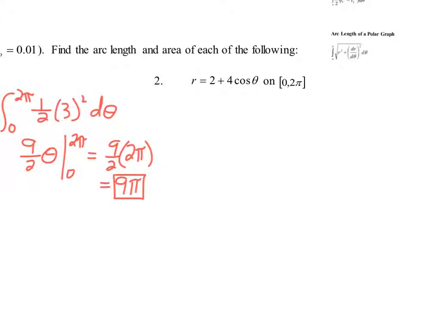One way to be, I don't know, cavalier about it, would be to put it on bold and just have a keen hawk eye, like stare at it intently. Okay, I don't think it went around more than once. The other way to do it, with 2 plus 4 cosine, which is a lot better: take your theta max, which you know is supposed to be 2 pi, and dial it back a smidge.